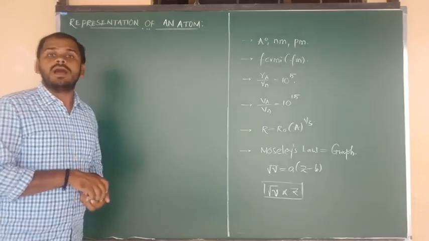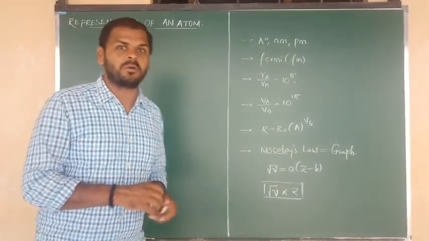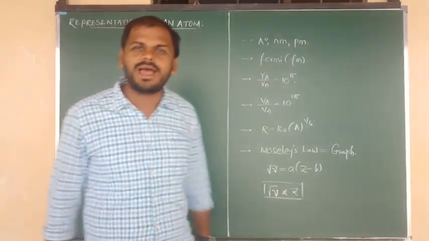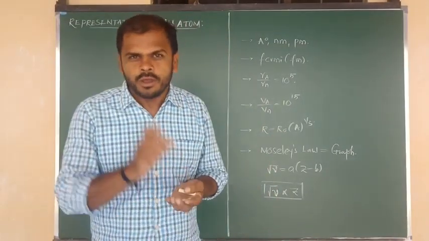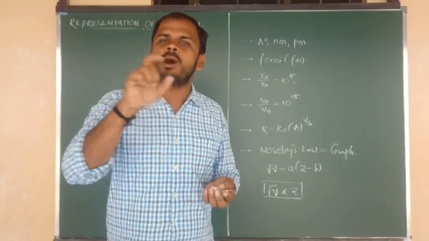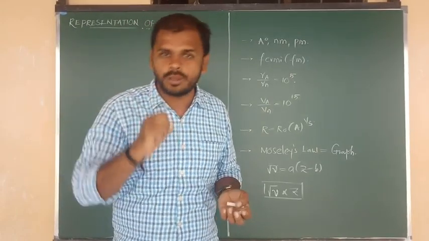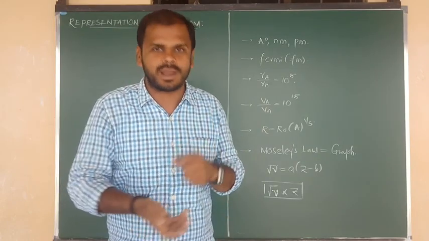So in this video class, I am going to explain the representation of an atom. How to represent an atom or element? What symbols we have to use, and what are their importances?